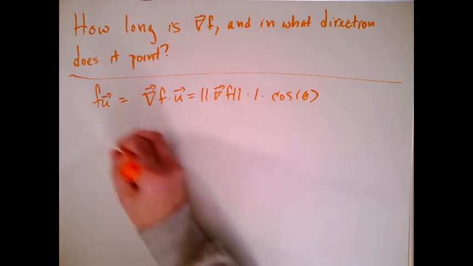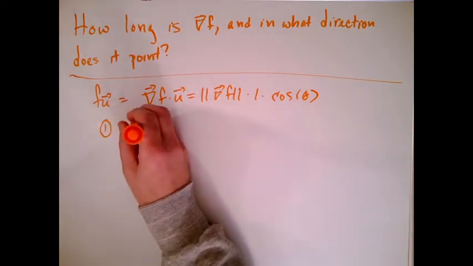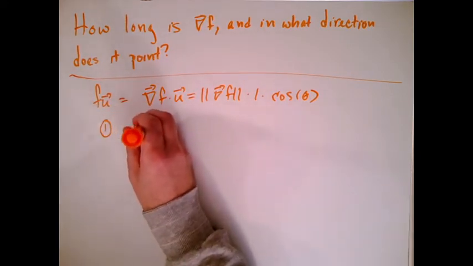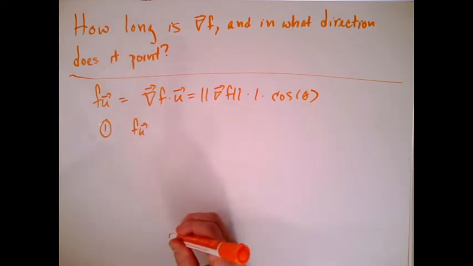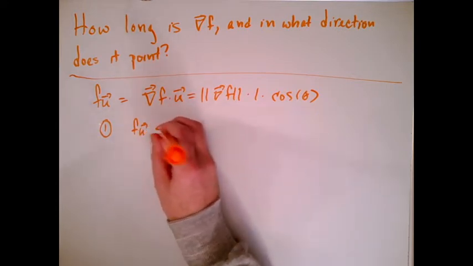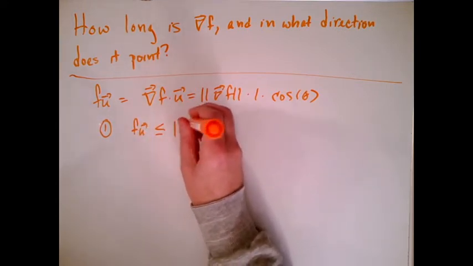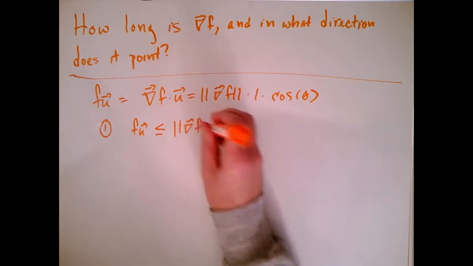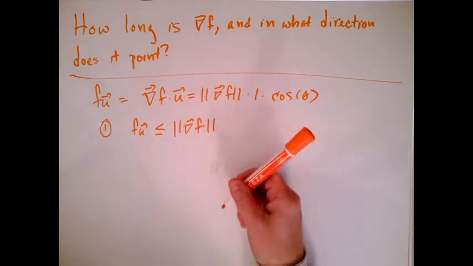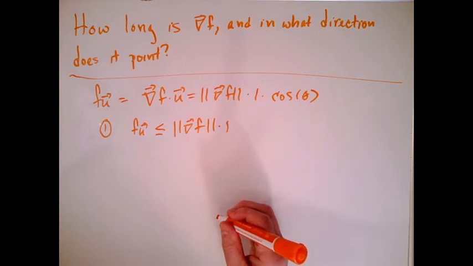Now we can get a couple conclusions from this already. Yes, the size of the directional derivative in any direction is going to be less than the size of the gradient vector, because cosine is always less than 1.